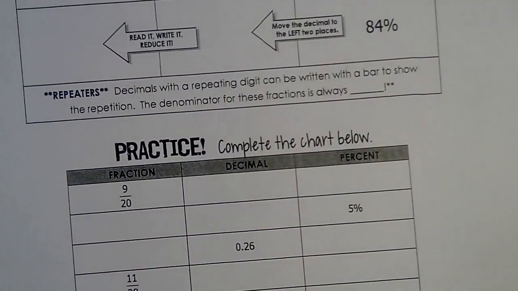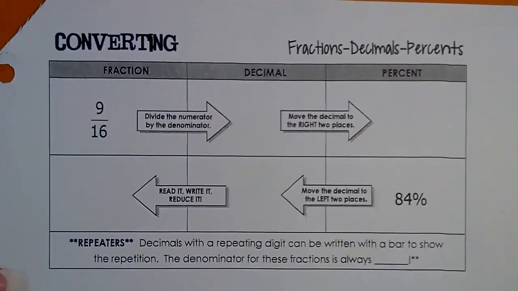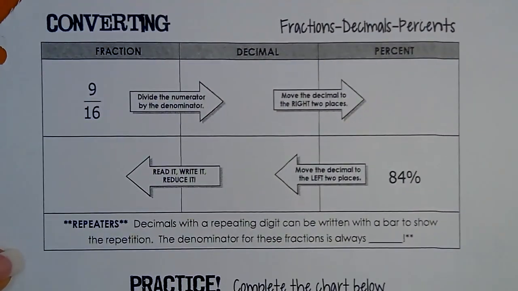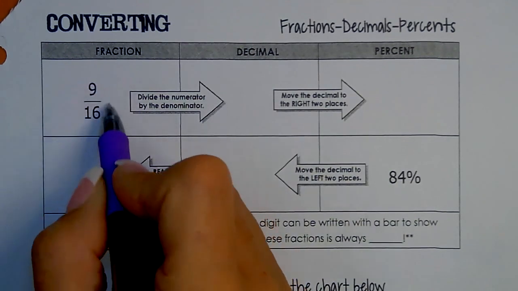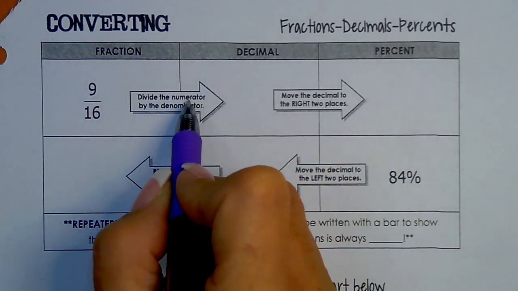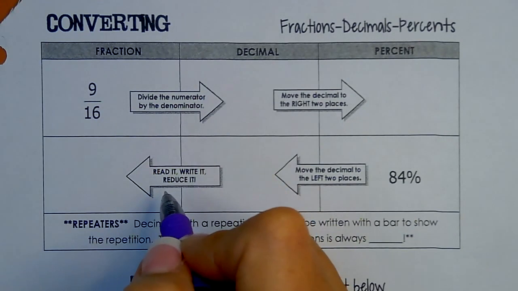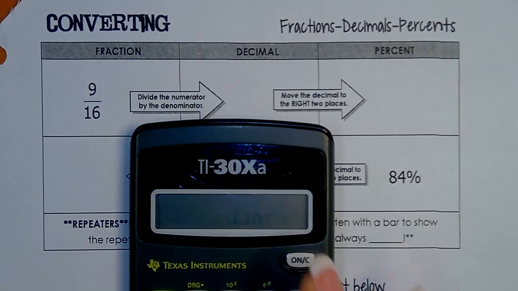All right, now we're going to move to page 6 in our packet. So this is converting fractions, decimals, and percents. So we're starting with this fraction. To convert it to a decimal, you divide the numerator by the denominator. Now, for this, we can use a calculator.